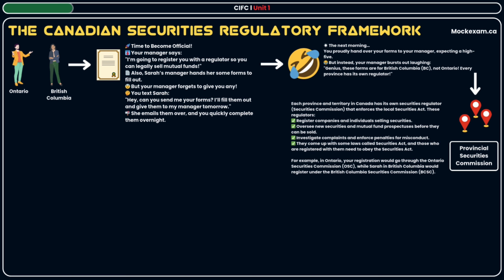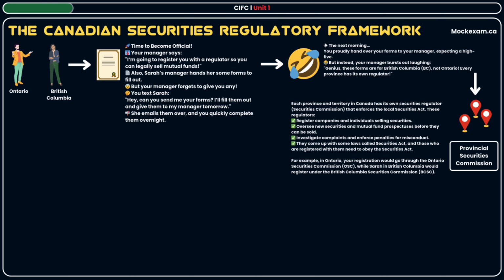These regulators, I mean the Provincial Securities Commissions, register companies and individuals selling securities. If a firm wants to sell mutual funds to investors, they need to be registered under the Provincial Securities Commission. Or if you, as a new mutual fund sales rep, want to sell mutual funds, you also need to be registered.